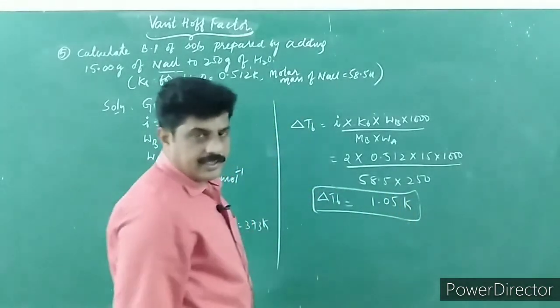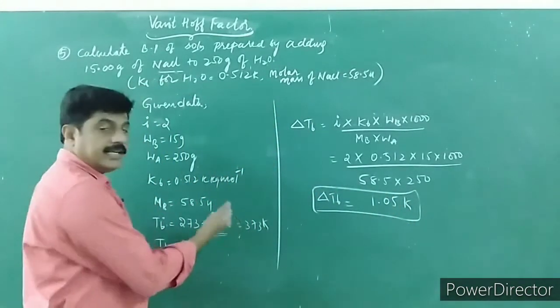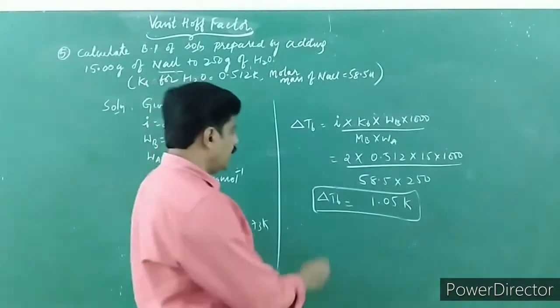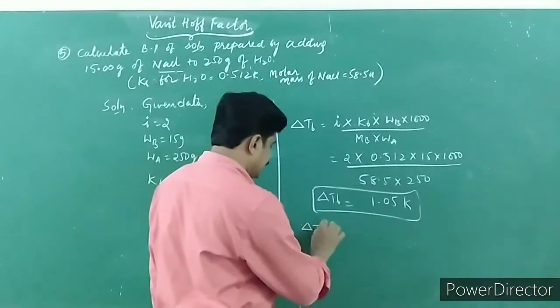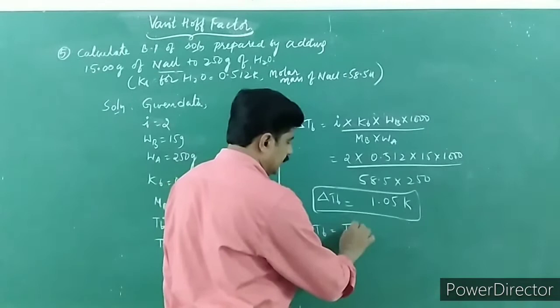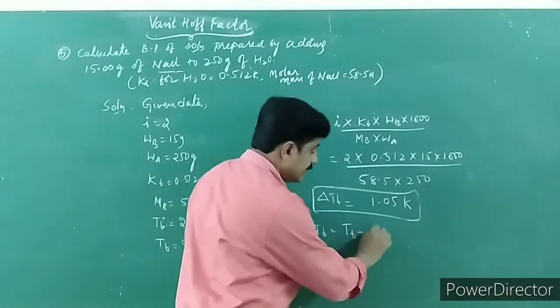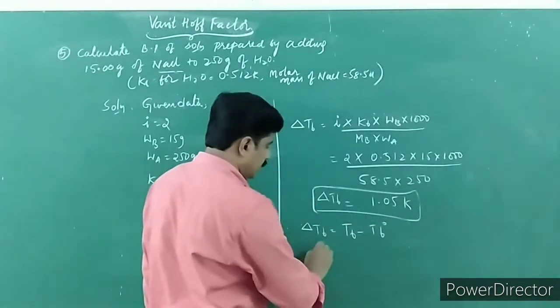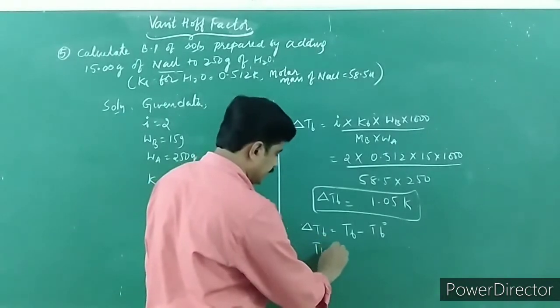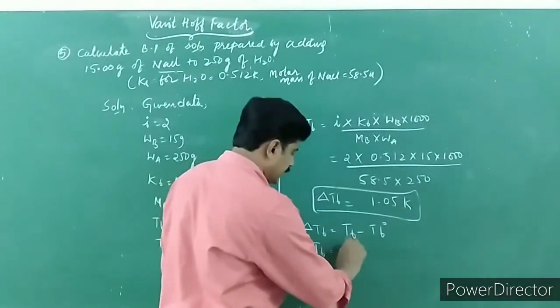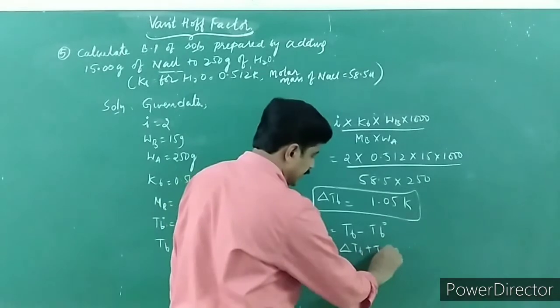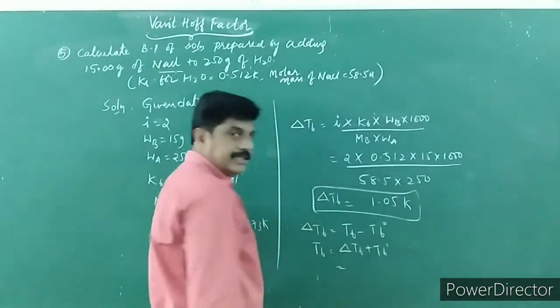You can put it in terms of degrees Celsius also, if you take it here as degrees Celsius. Now delta Tb is equal to, you know the expression, Tb minus Tb naught. Now what do you want? Tb, is it not? Tb is equal to delta Tb plus Tb naught. What is delta Tb?